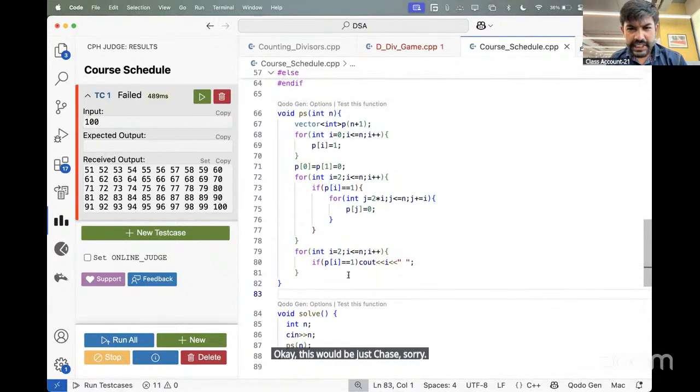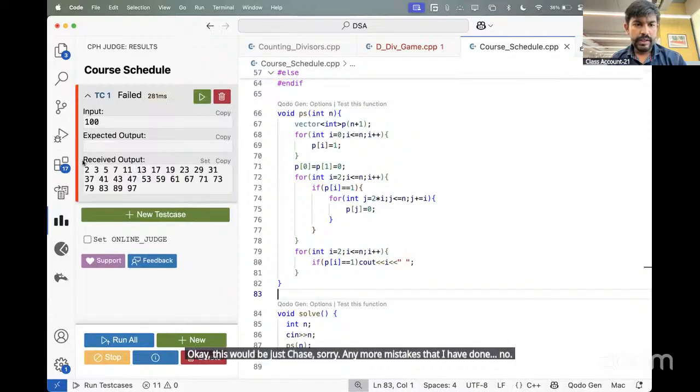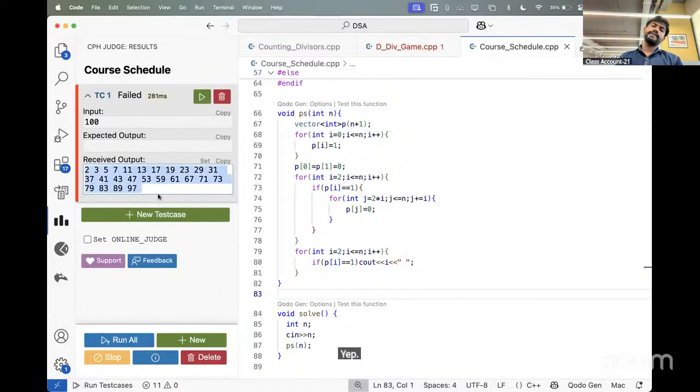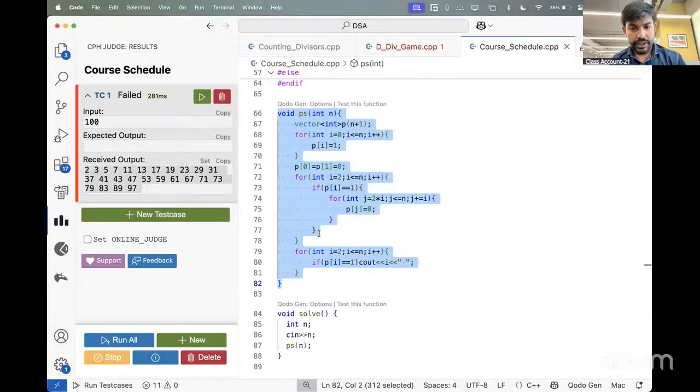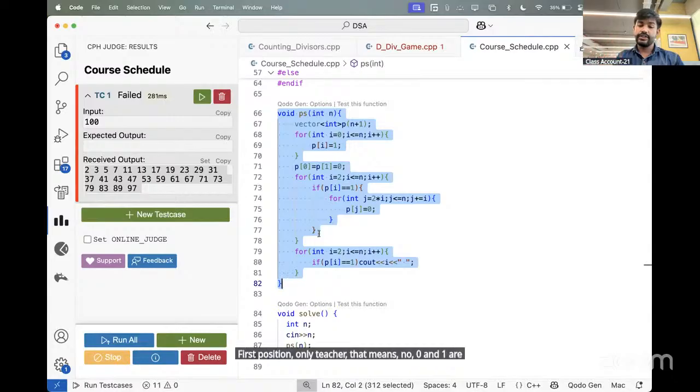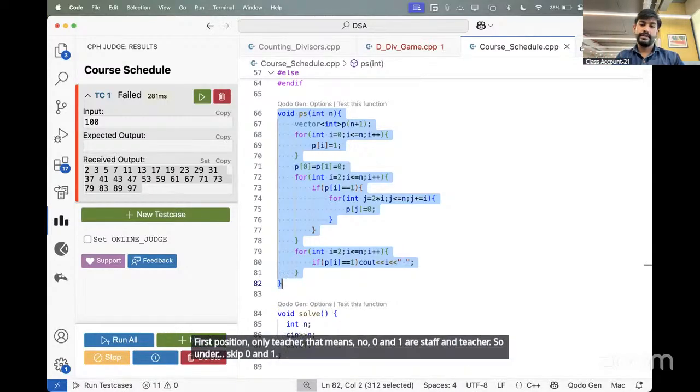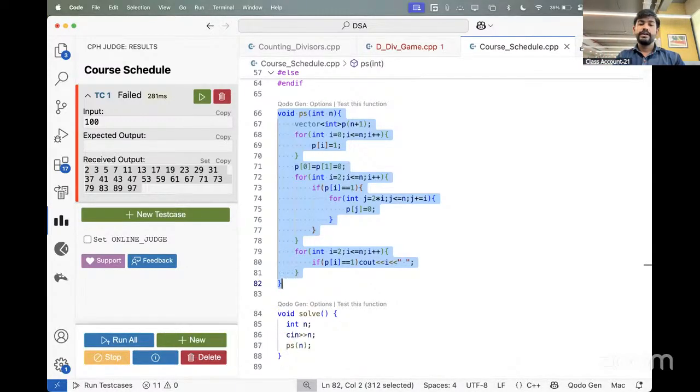Any more mistakes that I have done? No. Yep. So all the values are the prime numbers over here. So if you observe, this is the code of the prime sieve. We skip 0 and 1, since 0 and 1 are not prime. So skip 0 and 1. Am I clear?